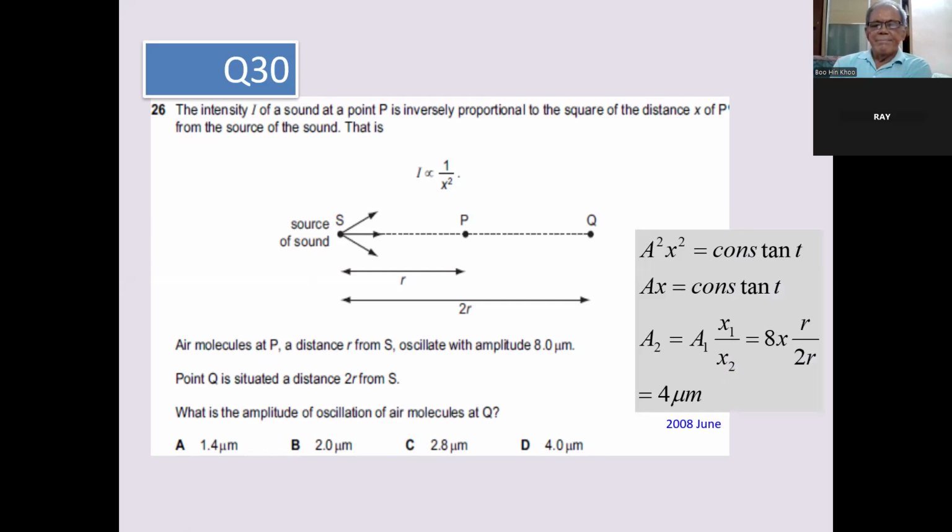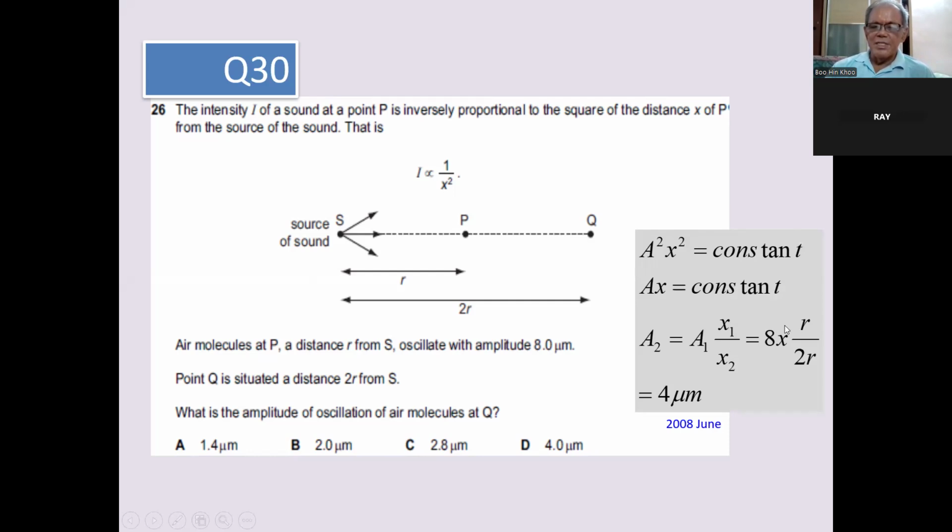Right, intensity is proportional to amplitude squared. So take this across there. This is a constant, or A times X is a constant.